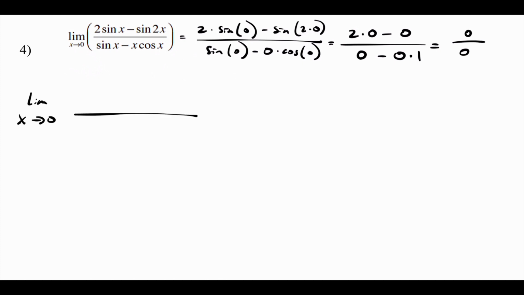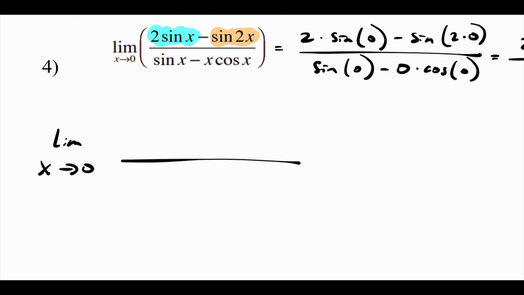So the top has 2 parts. Two times sine of x. The derivative of sine of x is just cosine of x. So 2 times cosine of x minus.